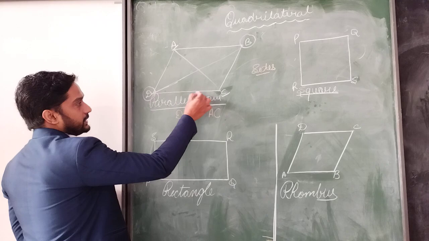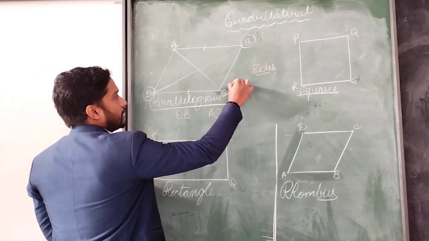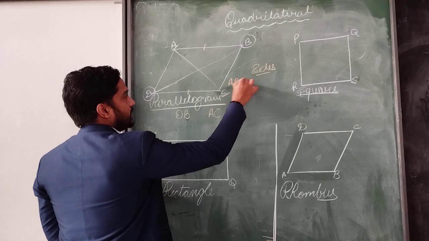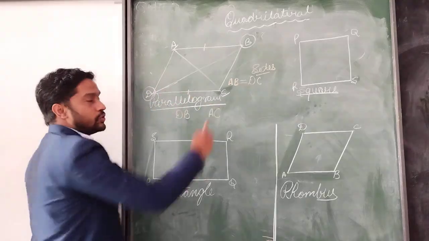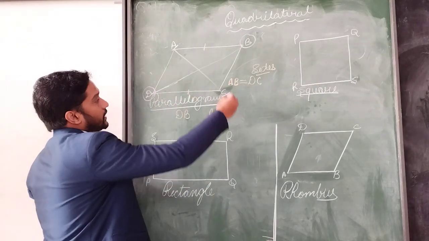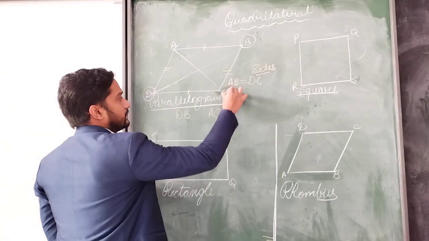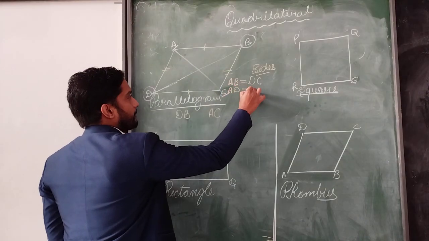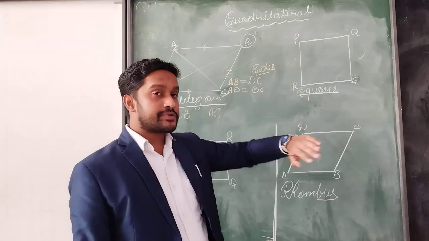Opposite sides like DC will be equal to AB, whereas AD will be equal to BC.